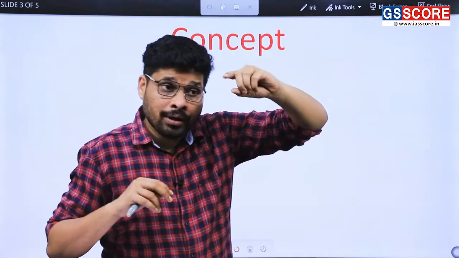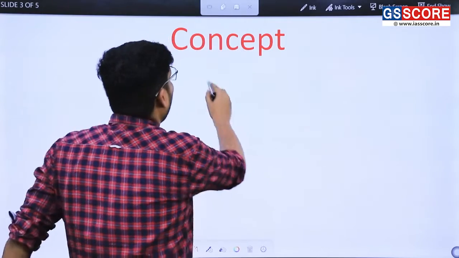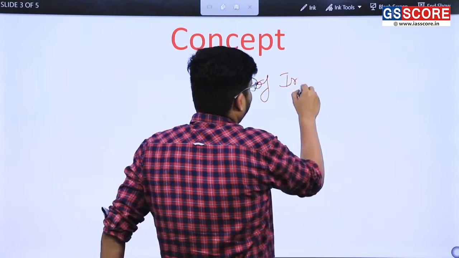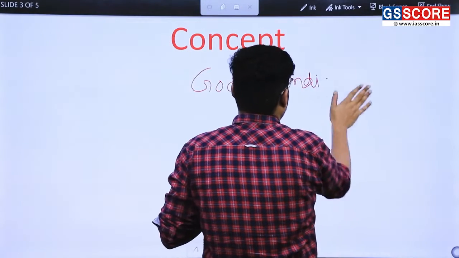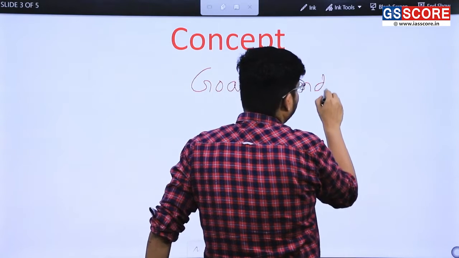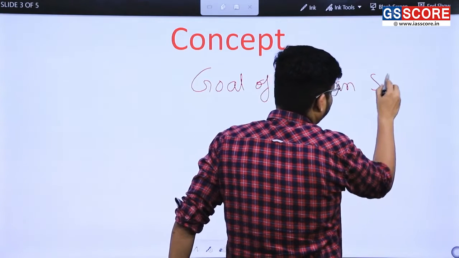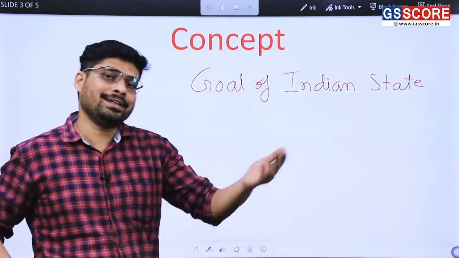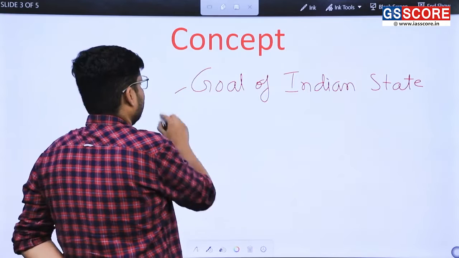Now I will go towards the goal of the Indian state. What goal does the preamble say that the Indian state has to achieve? There are a few goals.